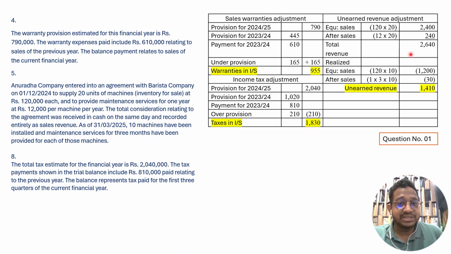This was already received and recorded in sales, but the realized income is: you only sold 10 units, and you provided 3 months of service for each unit, which means 30. So from the total revenue, you should subtract the realized income, then you can find the unearned revenue, and this unearned revenue you have to subtract from sales, and then recognize in current liabilities as unearned revenue.